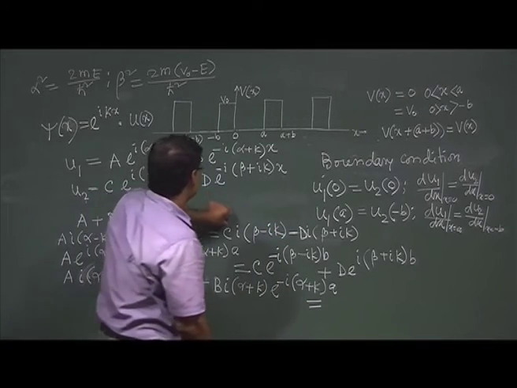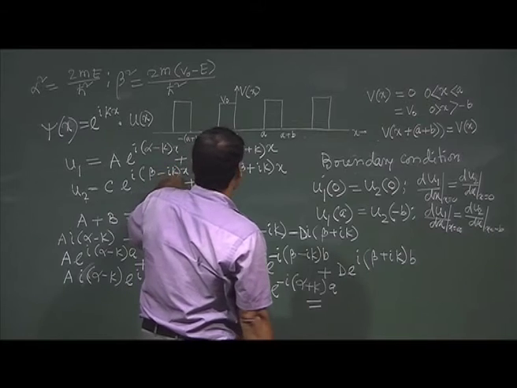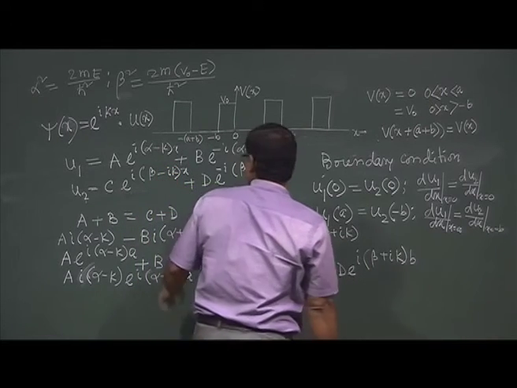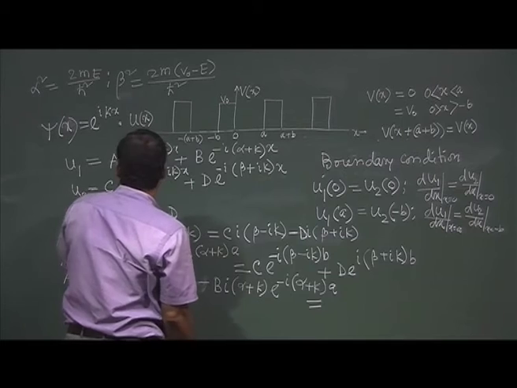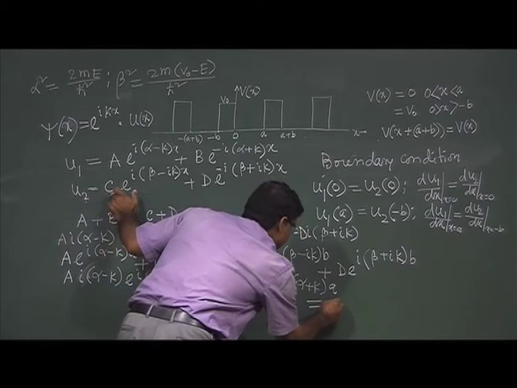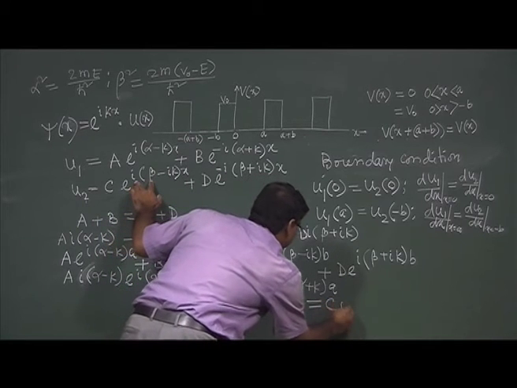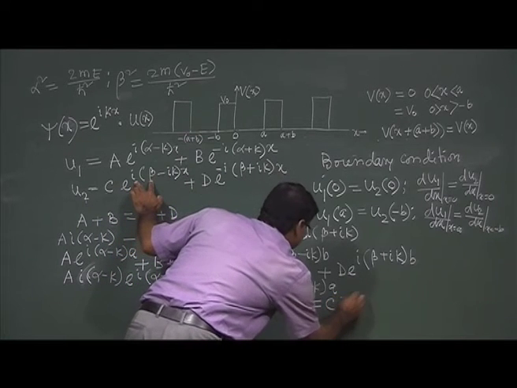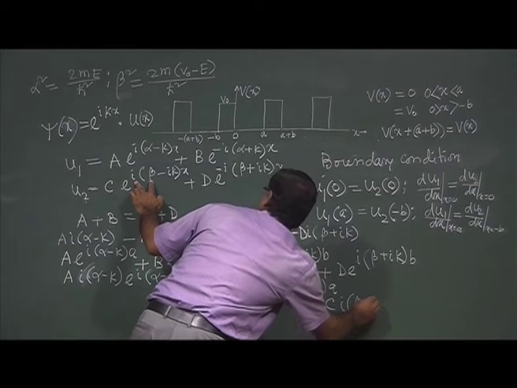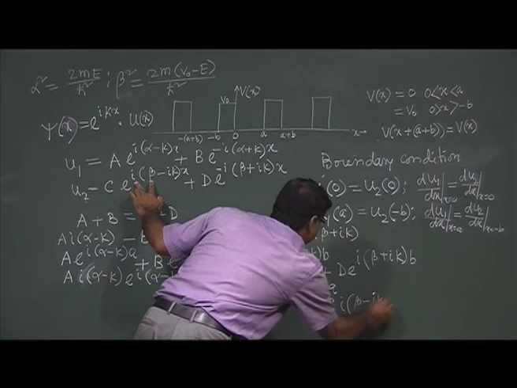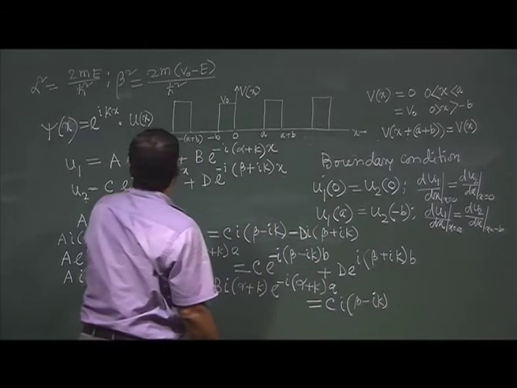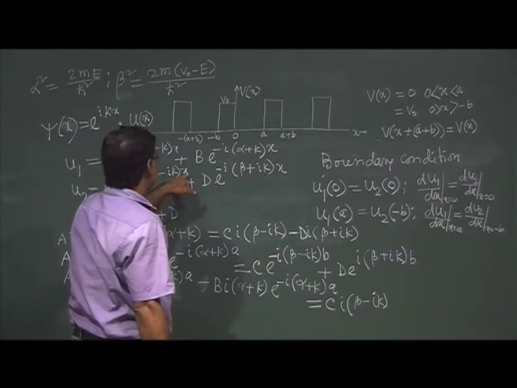for c, same thing I have to do for this side. So, differentiate it. So, it will be c i(beta minus i k). Now, x equal to minus b.